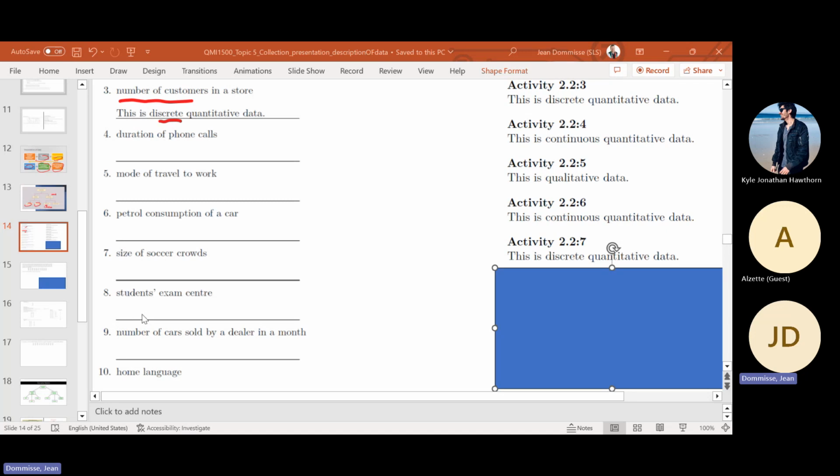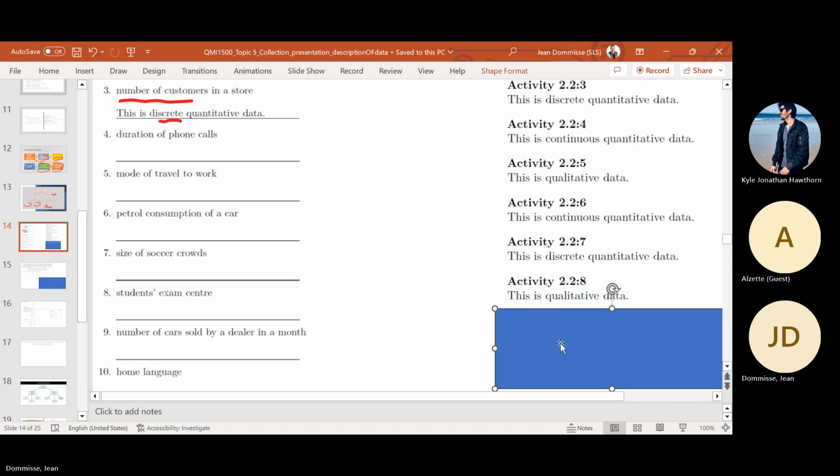Okay, so when we look at the student exam center, I would have said exactly the same. Oh, what is qualitative? Qualitative. So why? Oh, so not number of student exam centers.